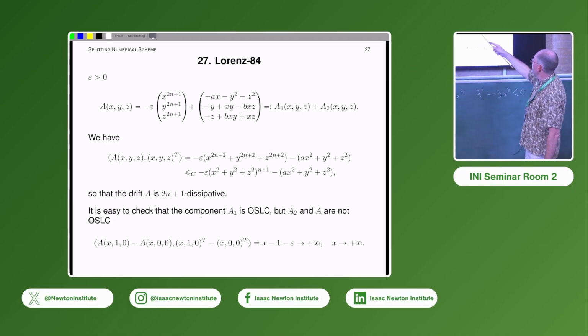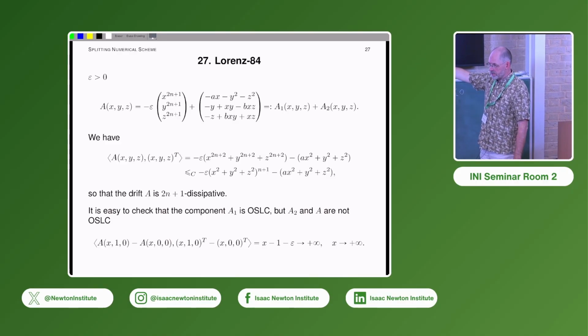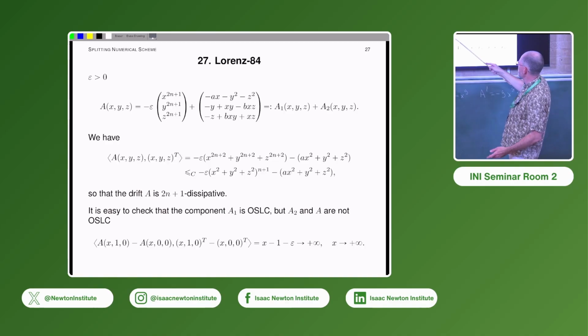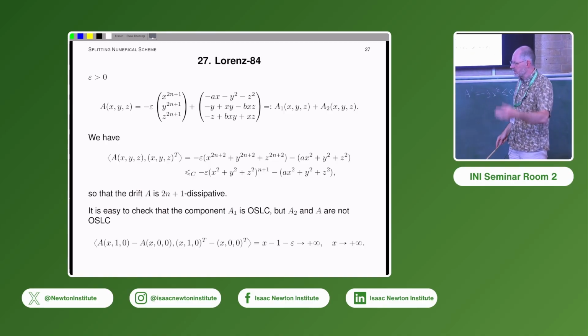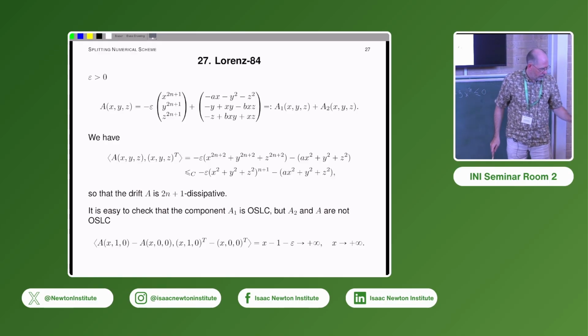You can add it here, and you immediately get n+1 dissipativity. So this means it works, if epsilon is small enough. It's about large values, essentially. And again, the same example gives you that it is not one-sided Lipschitz continuous.